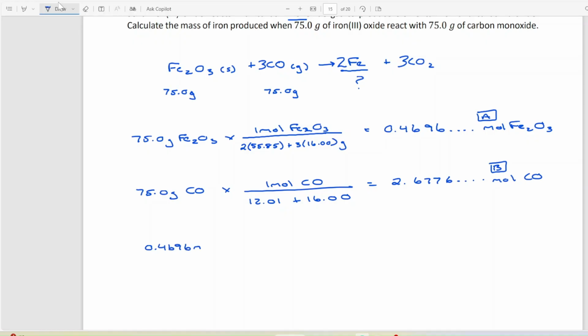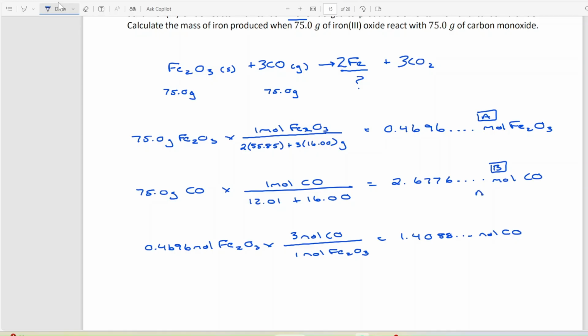So I'm going to take that 0.4696 moles of iron 3 oxide, and do the mole to mole ratio into carbon monoxide. So we know that 1 mole of iron 3 oxide needs 3 moles of carbon monoxide. So I'm going to recall A, and times it by 3. I would need 1.4088 moles of carbon monoxide.